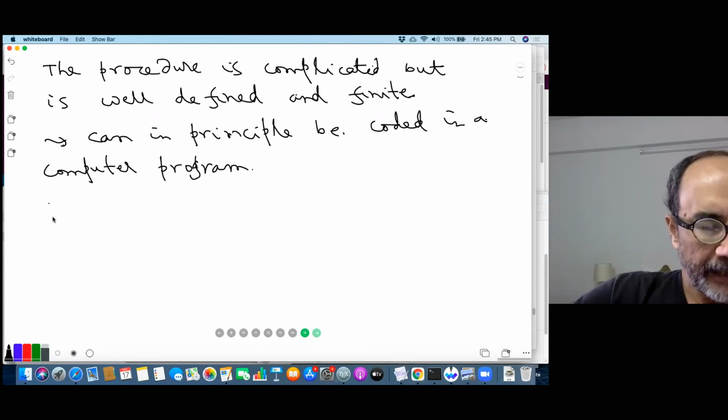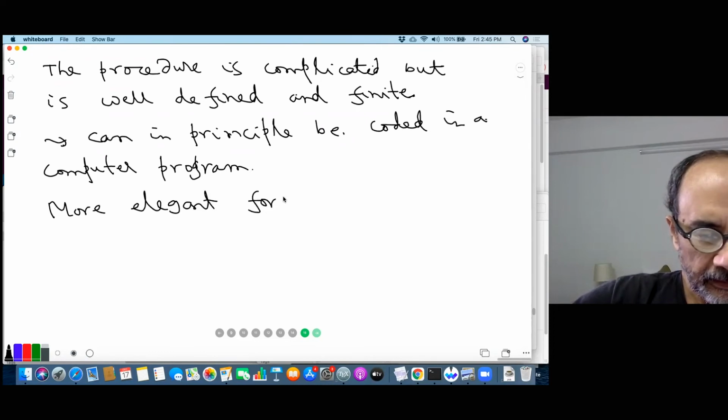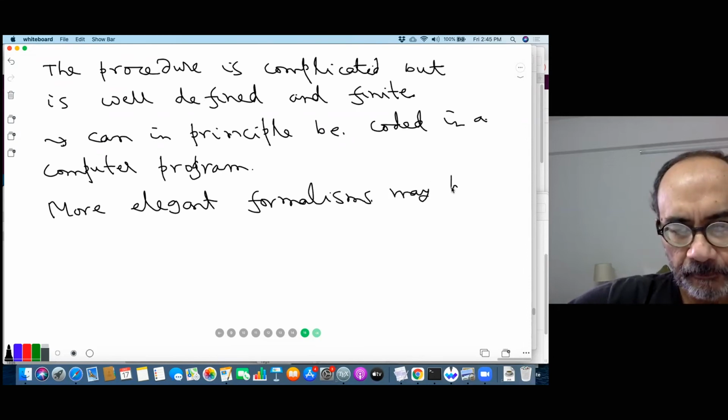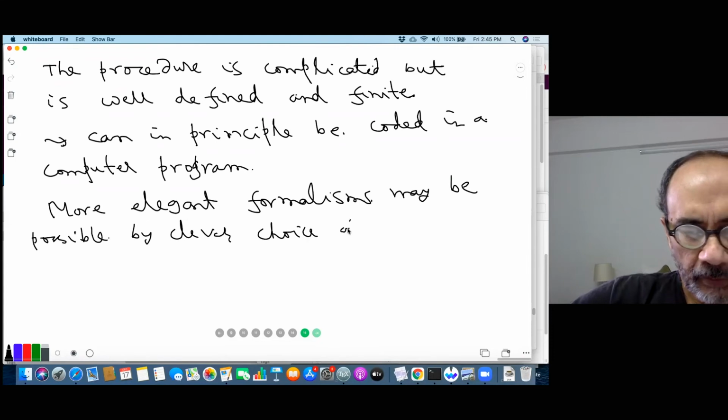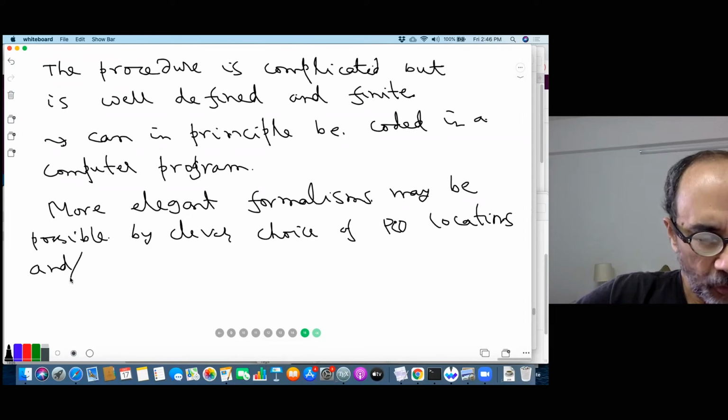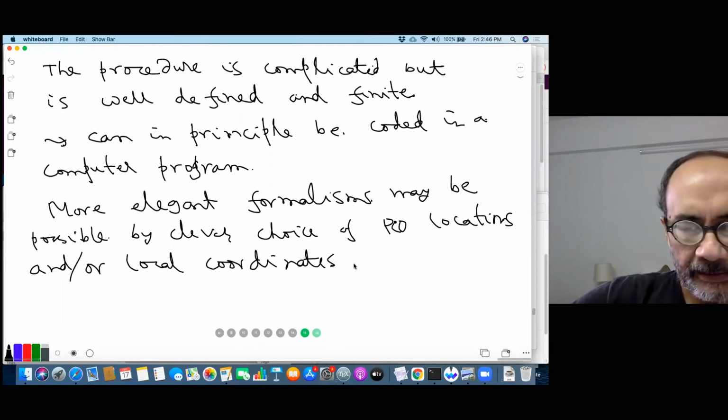Now, I should also add that more elegant formalisms may be possible by, say, clever choice of PCO locations, and or local coordinates, and also perhaps supermoduli.